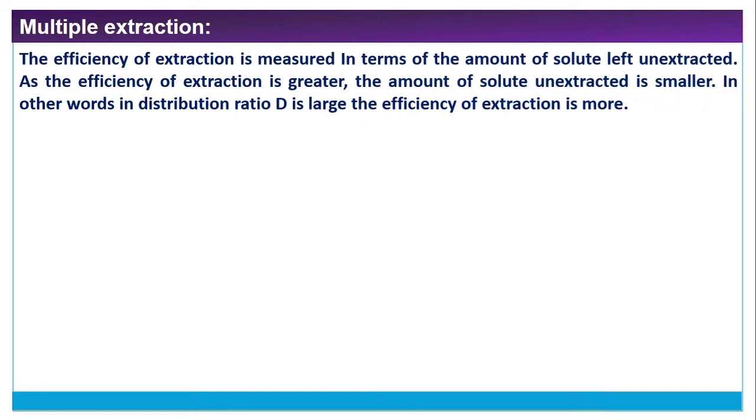In the last slide we also learned that as the distribution ratio D increases, the efficiency of extraction increases. What is the efficiency? The amount of solute left unextracted in the aqueous medium should be less. If that is less, efficiency is higher. If that is higher, then efficiency is less.